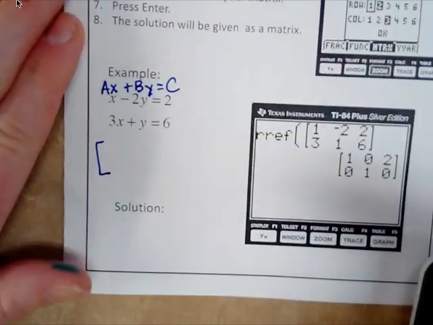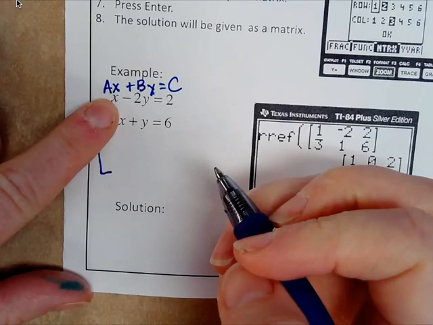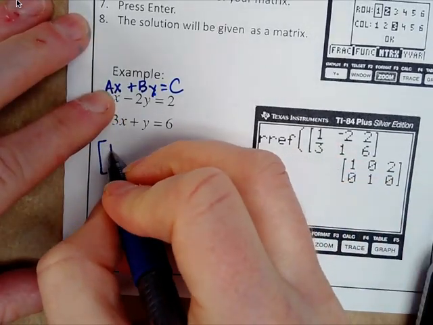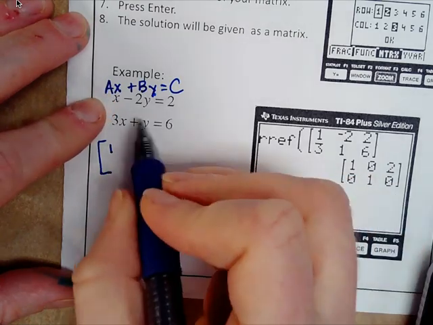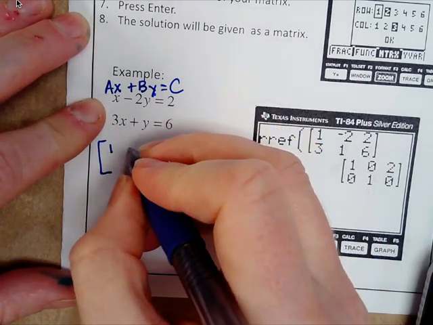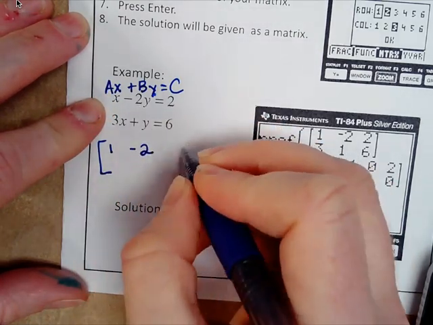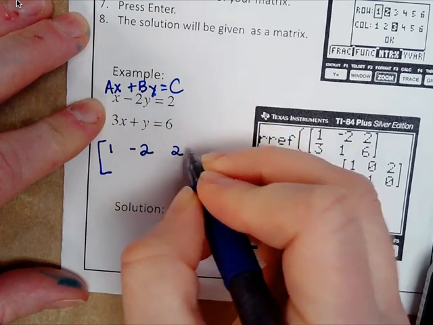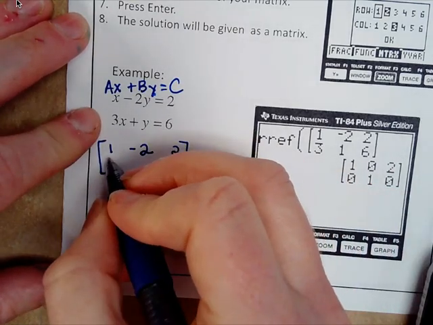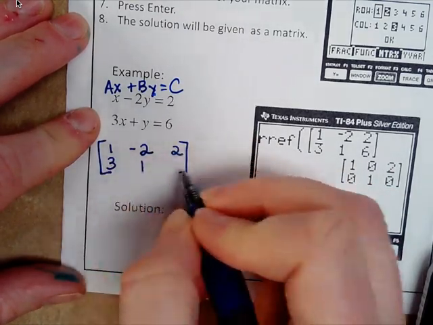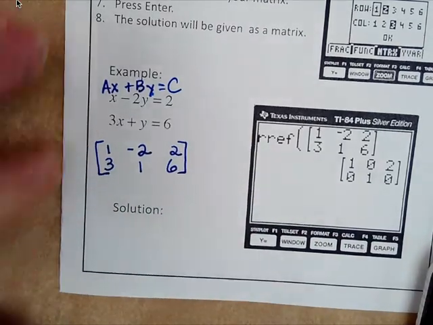If there's no number out front of the X, then it's a 1. And then the Y would be -2. And then the C is 2. So that's row 1. Row 2 would be 3, 1, and 6.